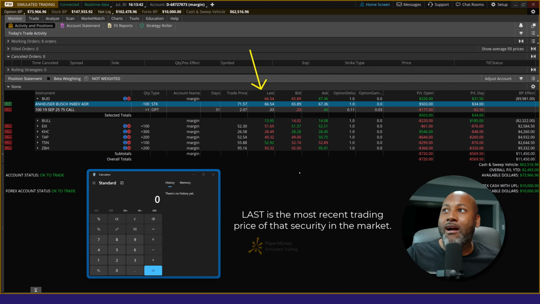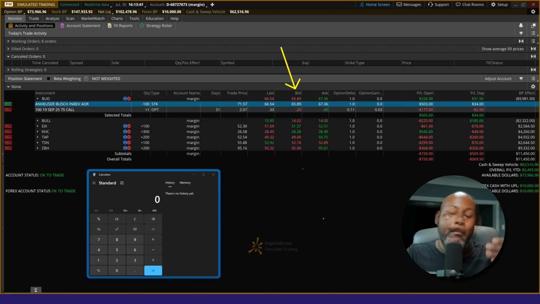Okay, so now what is bid? A bid is a buyer saying, hey, I want to buy Bud stock for $65.89. Now think about it. A seller always wants to get as much as they can for something, so the seller is always higher than the bid.